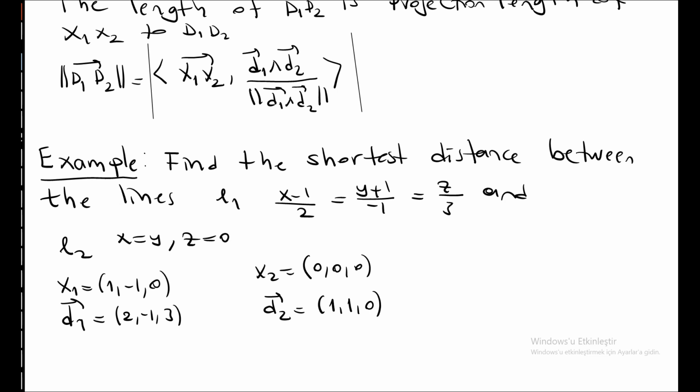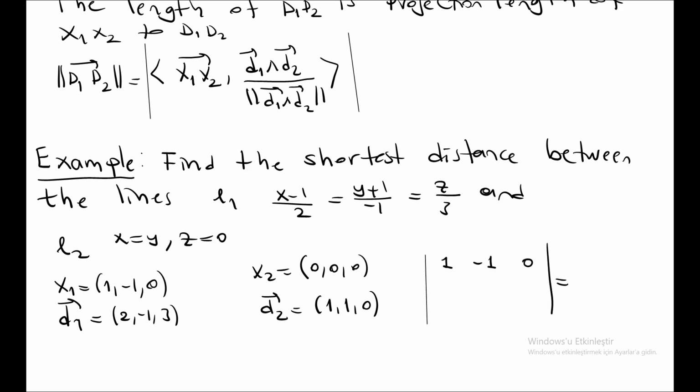Okay, let me check whether they are skew or not. So I will look at this one. Yeah, 1, 1, 0, 2, negative 1, 3. So it will be convenient to open this one. So 3, 1, 3, 2, 3, 3. So 3 times.